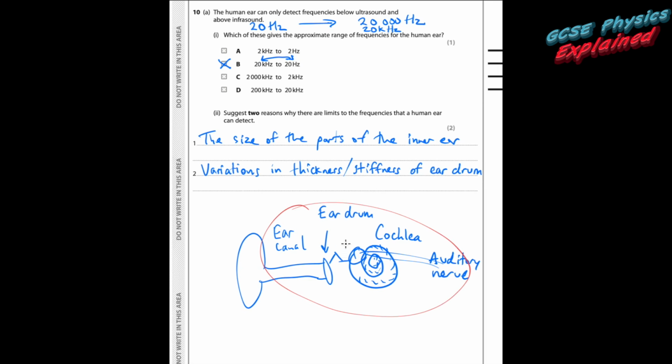You've got different parts vibrating at different frequencies. They might not all be able to keep up with each other, and the brain just cannot interpret low and high frequencies.